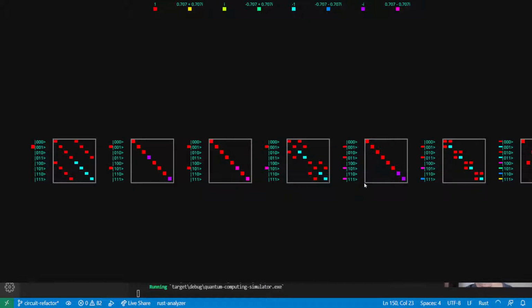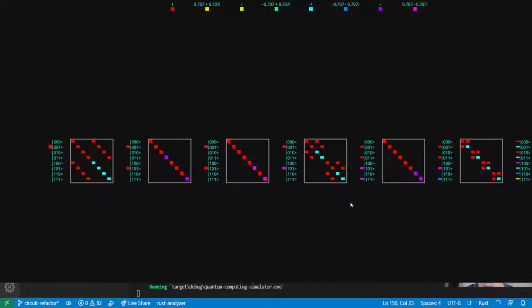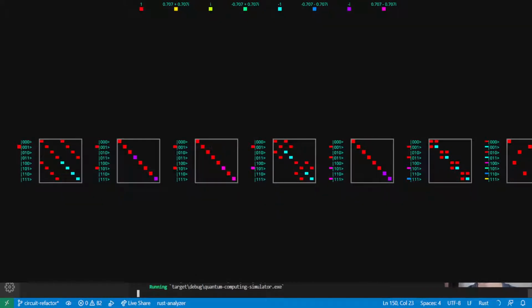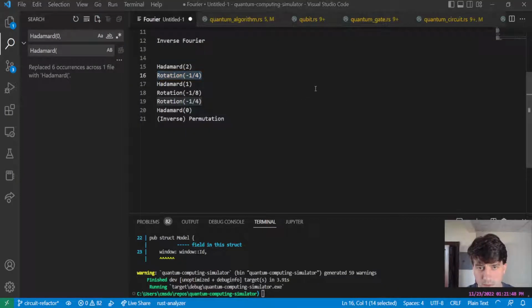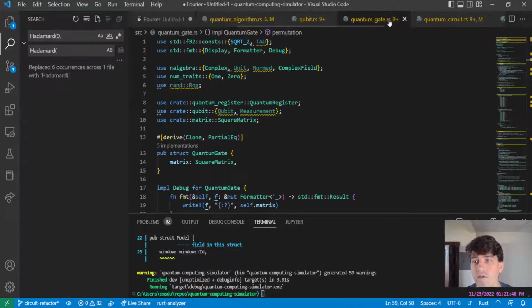The problem now is that we expect to have just the one rotation of -1/4 instead of both of these rotations. So let's figure out the rest of the loop.